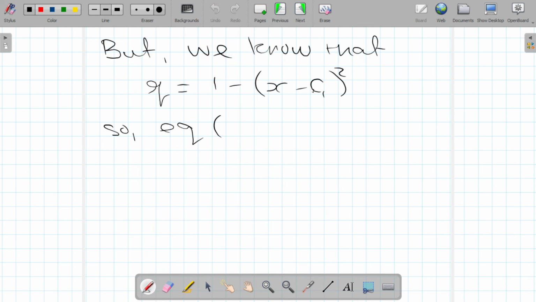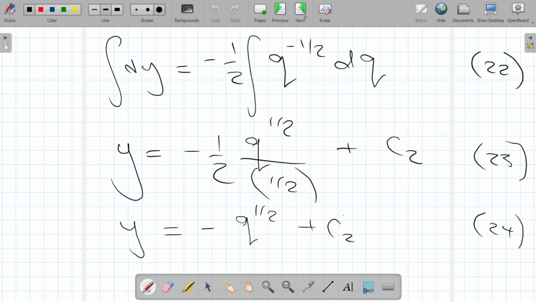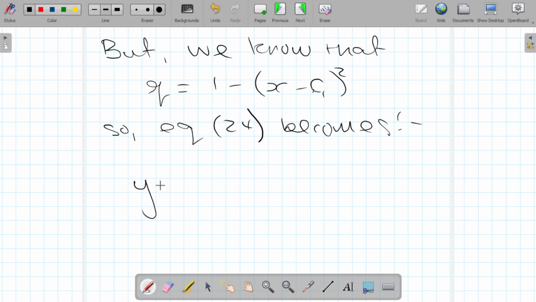So equation 24 becomes y equals minus q, but q is 1 minus, in brackets, x minus c1 all squared.